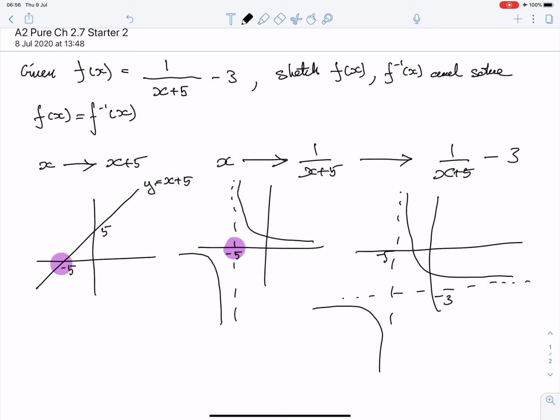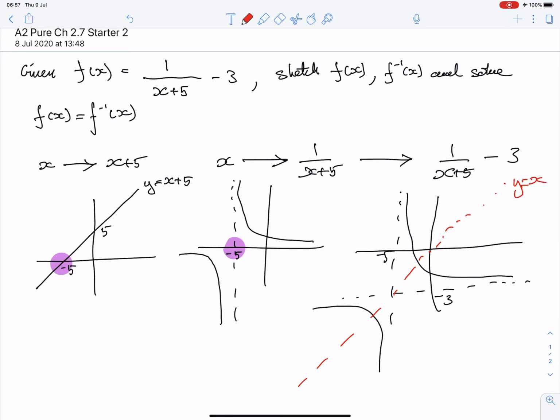Okay, sketch f inverse of x. Well, if we add that onto the same graph, so let's switch colours. If we reflect, we know that if we're getting the inverse, we need to reflect in the line y equals x.